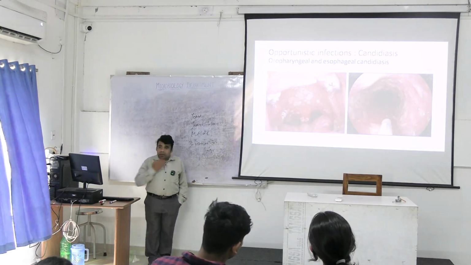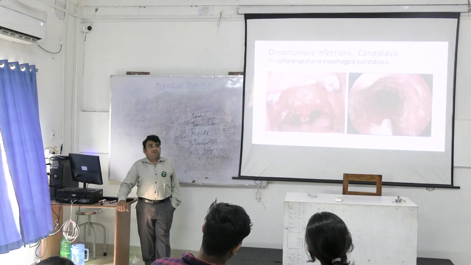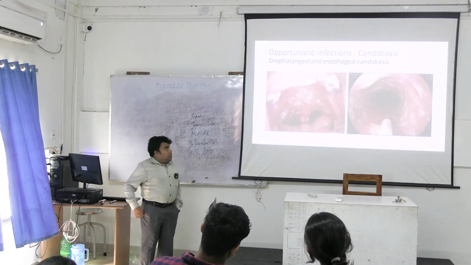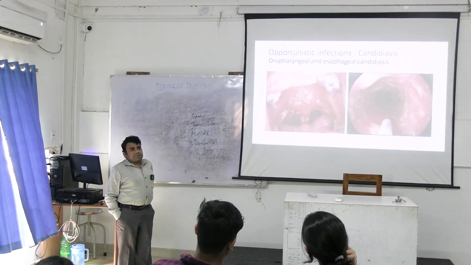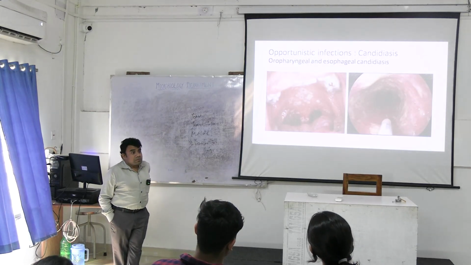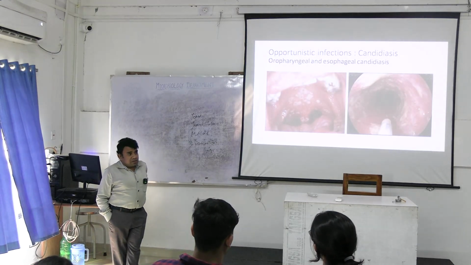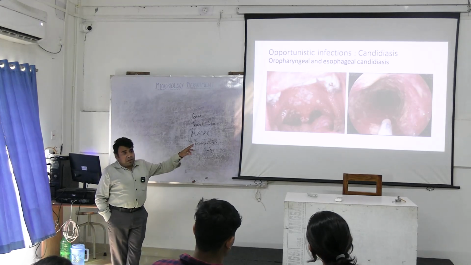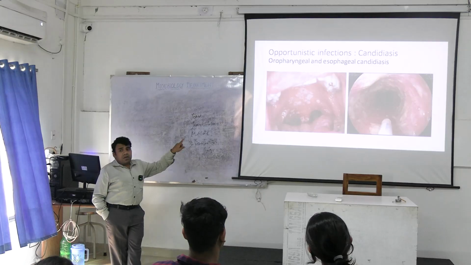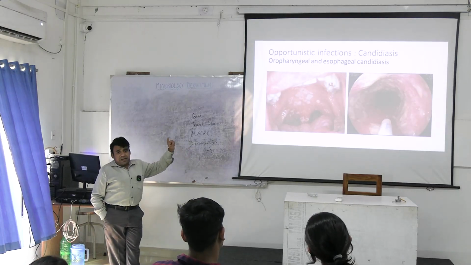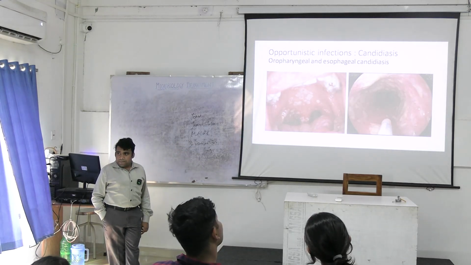Now, let us look at some of the pictures of systemic infections. On the left hand side is a picture of the pharynx, right? Now you can find white discoloration or whitish patches on the soft palate, uvula, and even in the posterior pharyngeal wall.